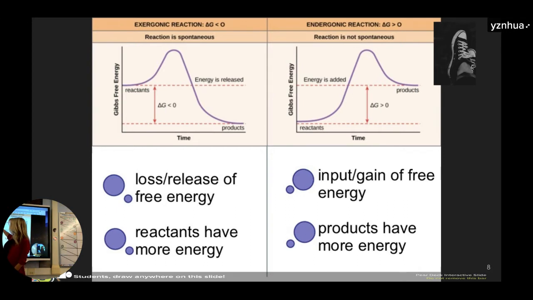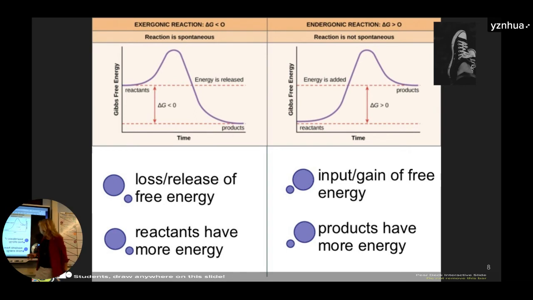When you look at your initial energy to your final energy, the products have more energy than the reactants. That is a positive delta G. That is an endergonic reaction. The opposite of that, if I have a negative number on my bank account, I know I have lost money, right? The delta G is a negative value.